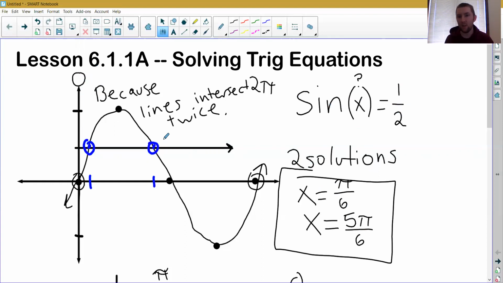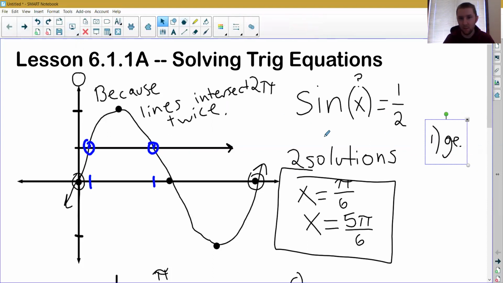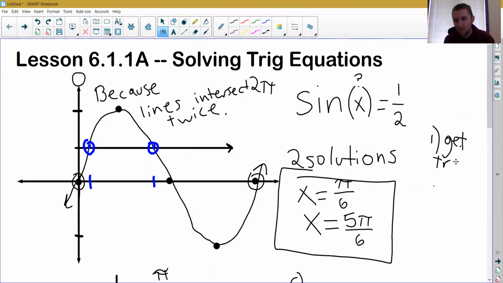Okay, so when you are asked to solve a trig equation like this, your two steps are going to be, number one, get the trig stuff by itself. Whoa, that wasn't supposed to happen. Let me fix that. Undo. Whoopsies. Okay, so if we go back to this, we want to get the trig alone.